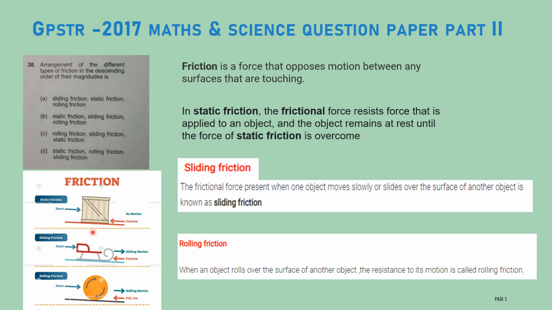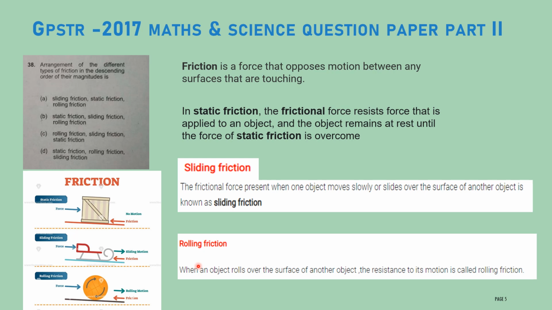That object will be at rest. That type of friction we call static friction. To overcome static friction, you need more energy, otherwise you have to apply more force. Therefore, the magnitude of static friction will be more compared to these two frictions.